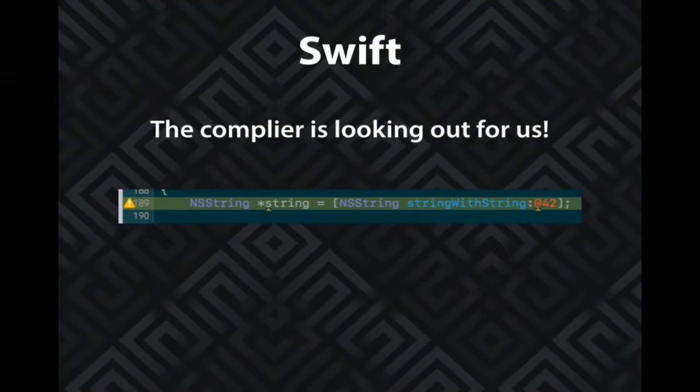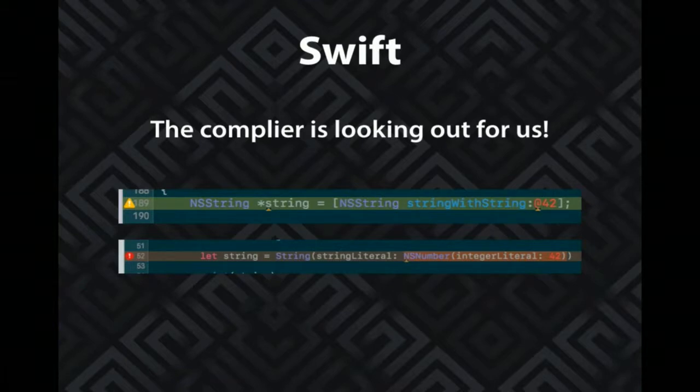But in Swift, on the other hand, if I do the exact same syntax, this is a compiler error and it's going to catch this stuff. Don't get me wrong, I love Objective-C. I think it's a great language, a lot of fun. But this gives you a little bit more ability to ship quality crash-free code. And I really appreciate that about Swift, that it really is easier so you don't shoot your foot off.